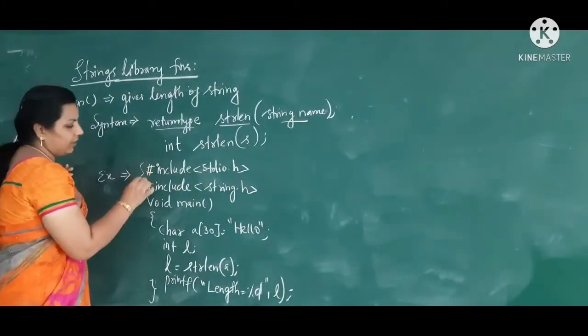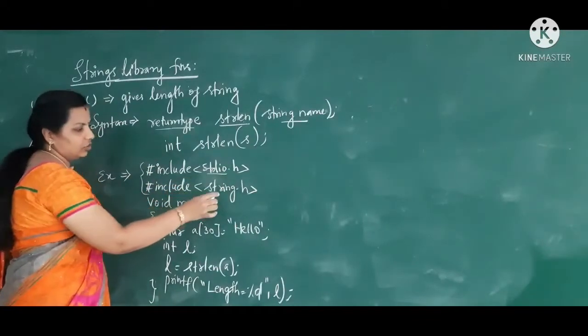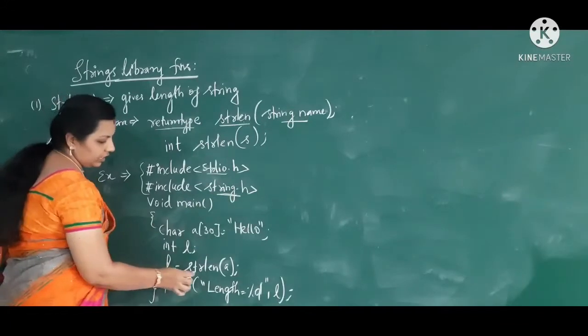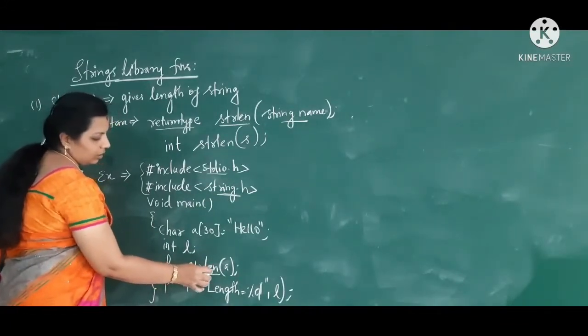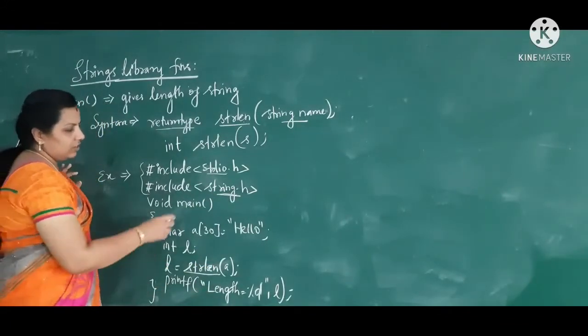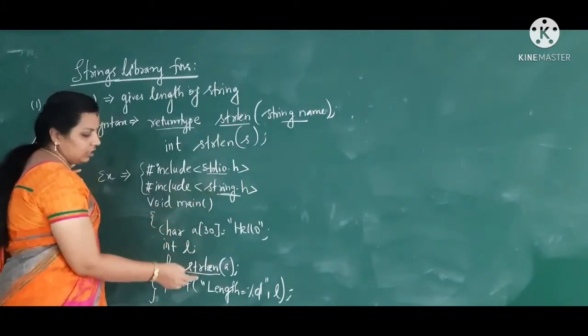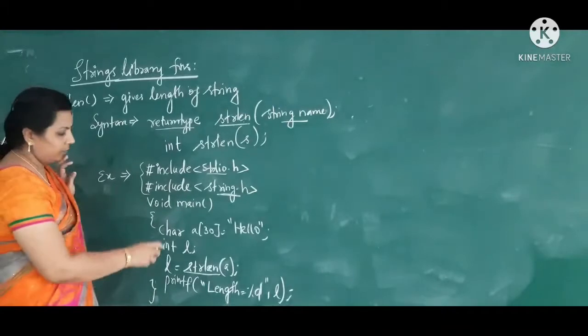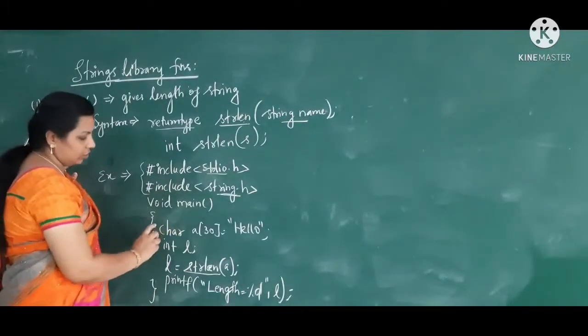I use the header files stdio.h and string.h. Only with the help of string.h will the string length function work. Unless you specify this header file, the length will not be given as output.